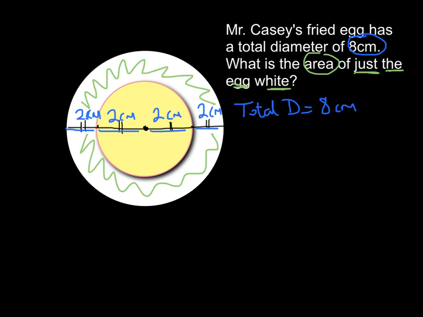I'll just draw that in. 4 centimeters. And the radius of our little circle is going to be 2 centimeters. So we now know that the radius of, I'm going to put SC for small circle, is 2 centimeters. And the radius of our large circle, or LC, is 4 centimeters.